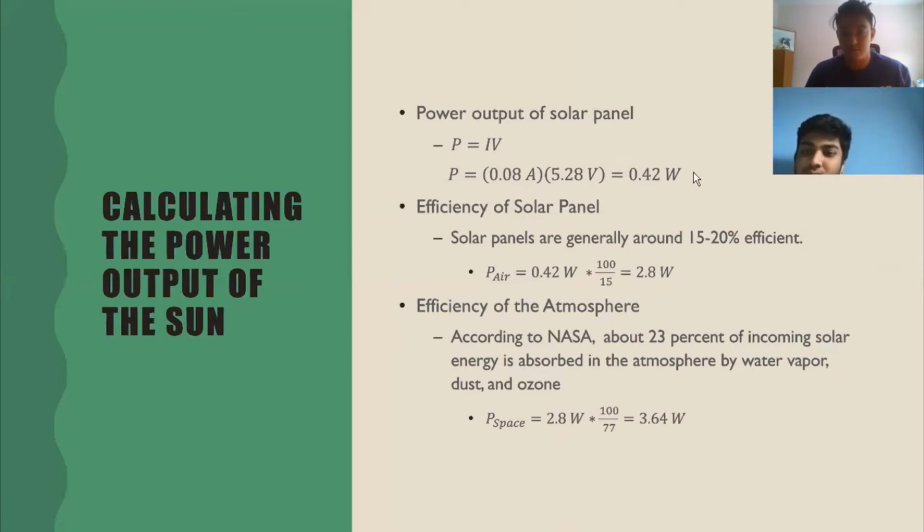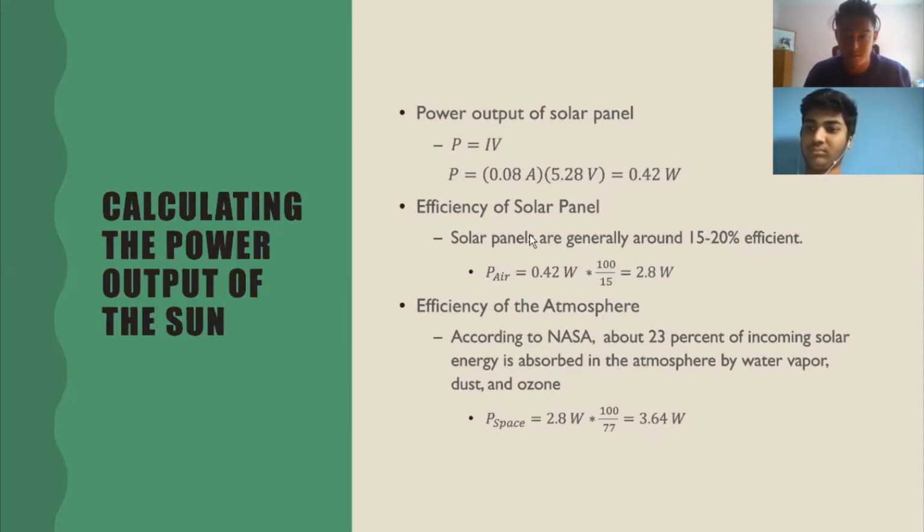We just used a multimeter to find the current and voltage of that solar panel for a given time. And then what we actually did is we just worked backwards with efficiency to see just how many watts came in before it got used up.